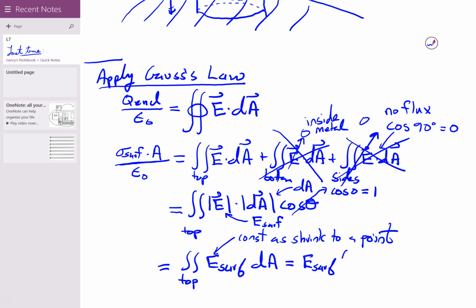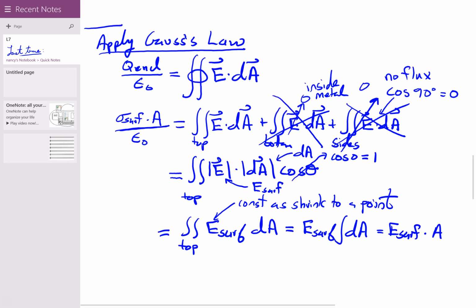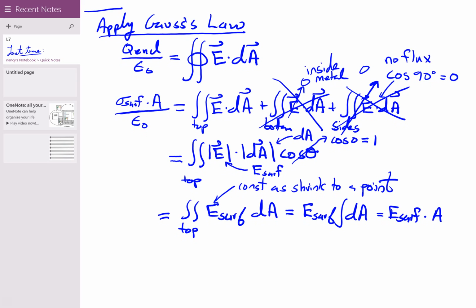Then the integral of dA will just give me the surface field strength times the area A. And that makes me very happy, because A was something we just made up when we made up our surface. It had better cancel out of our equation. I've got an A on this side and an A on this side, so I can cancel those out.